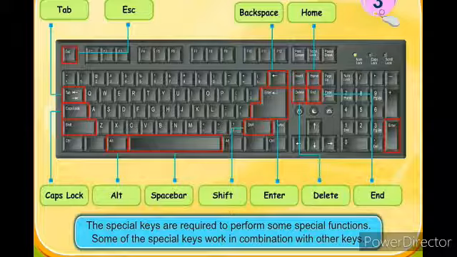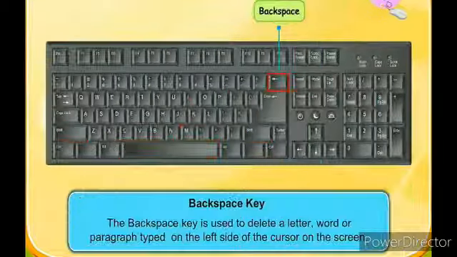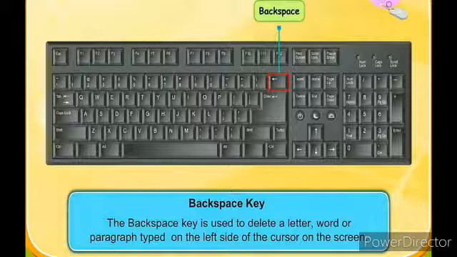First of all, we are going to discuss the backspace key. The backspace key is used to delete a letter, word, or paragraph typed on the left side of the cursor on the screen.